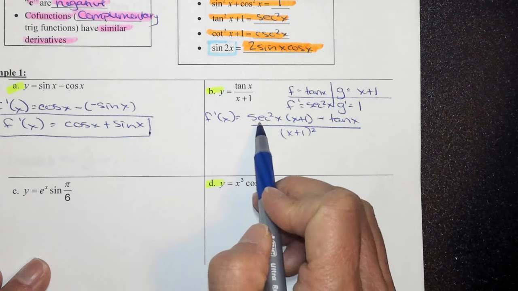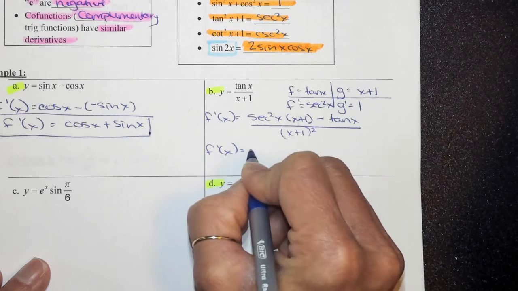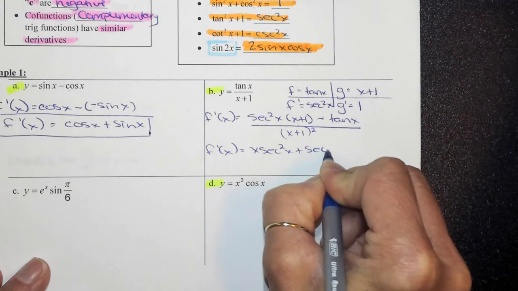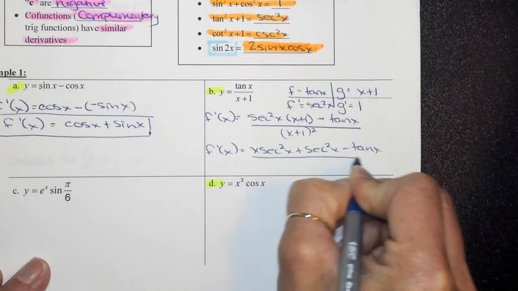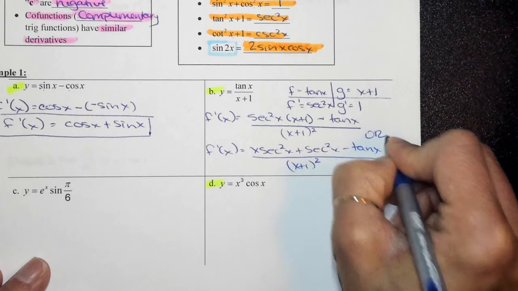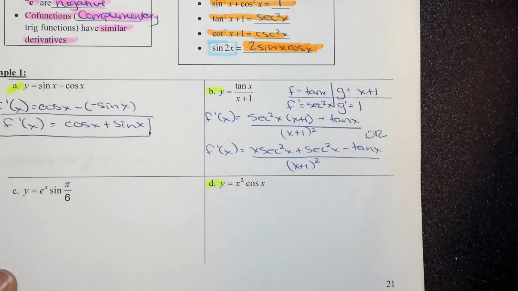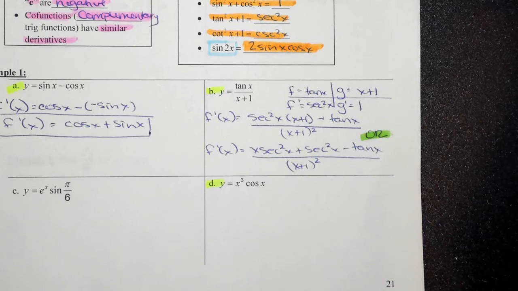You could extend this and say f prime of x is equal to, when I distribute, x secant squared of x plus the secant squared of x minus tangent of x all over x plus 1 squared, and either one of these is your final answer. It does not matter which one, unless it's multiple choice, so you'd have to be able to tell the difference between the two.